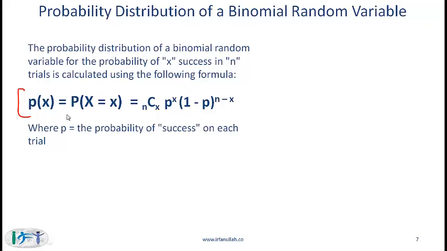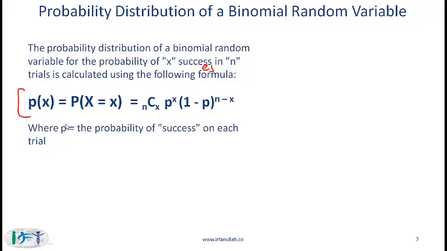Let us go through the material on this slide. The probability distribution of a binomial random variable for the probability of x successes in n trials is calculated using the following formula.